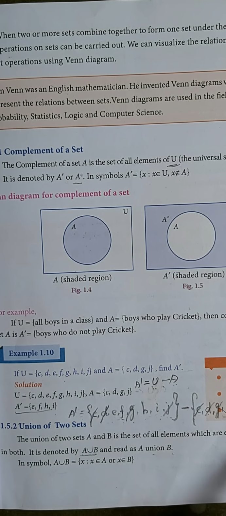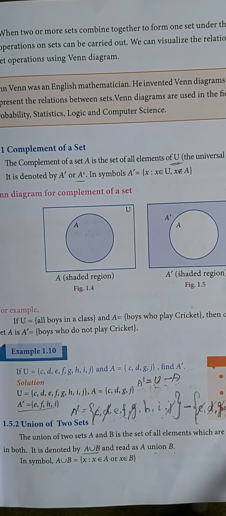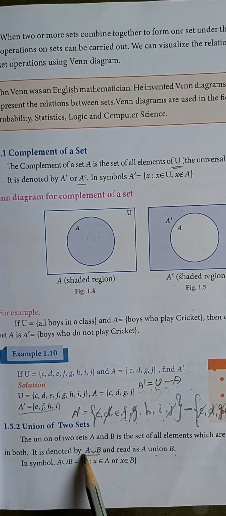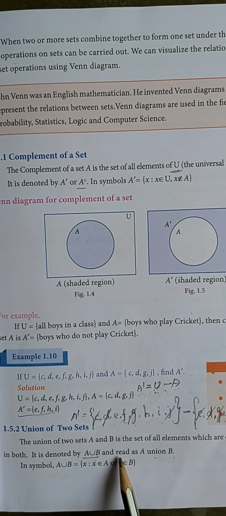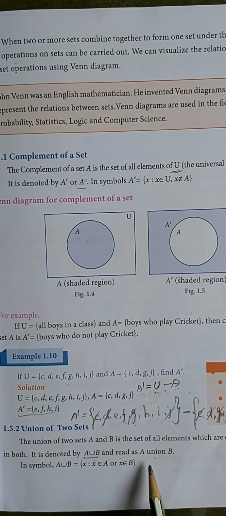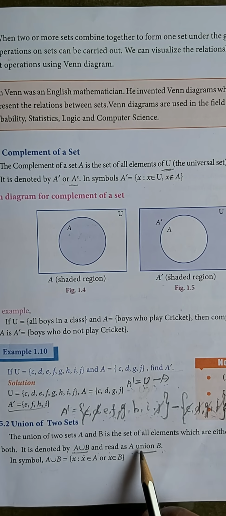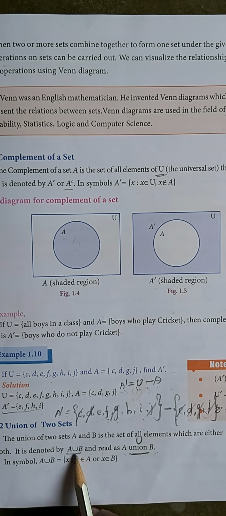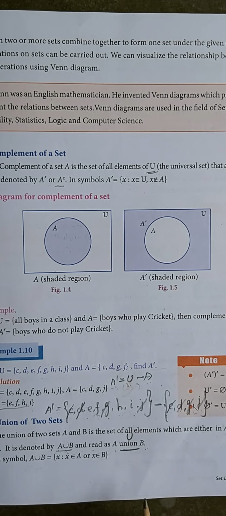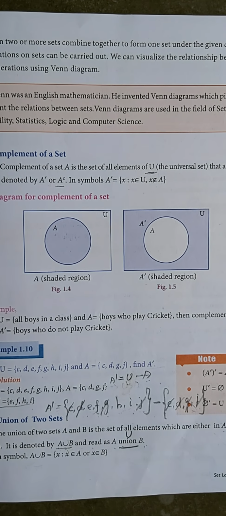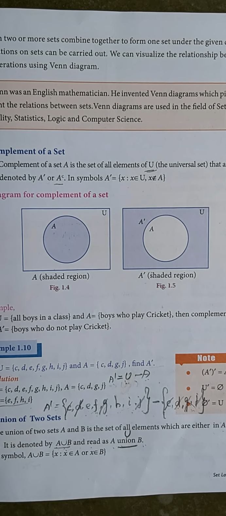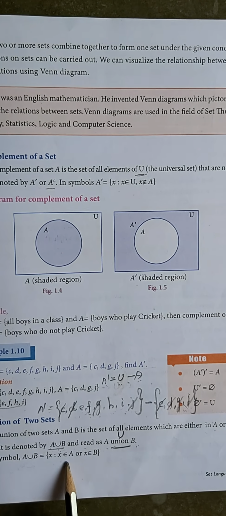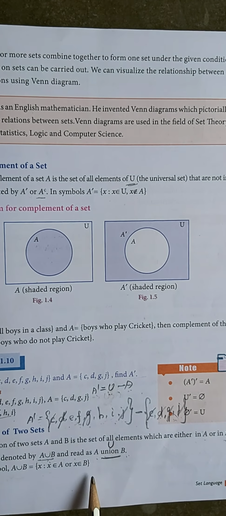It is denoted by A union B, with the union symbol U. Union means you combine two sets together. In simple terms, A union B equals the set of X such that X belongs to A or X belongs to B.